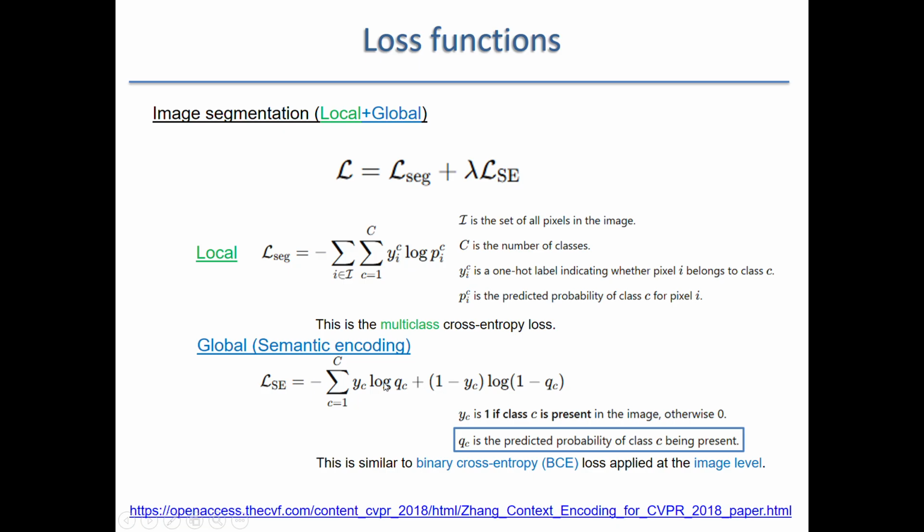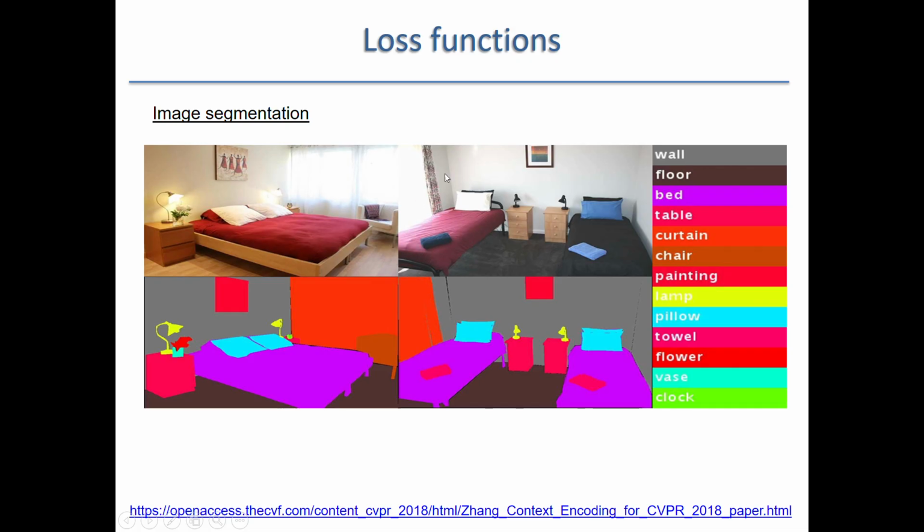So for instance, now we can construct new variables to decide, for instance, YC takes the value 1 if the class C is present in the image. So let's say that class C is a curtain. So is a curtain visible in this image? Is the pillow visible in this image? Yes or no?